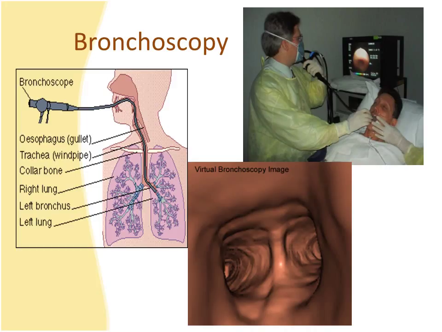Occasionally, patients will have a reaction to the anesthesia. They can have bronchospasms because of the irritation to the bronchial tissue. They can aspirate. Excessive bleeding, especially if a biopsy or removal of tissue or foreign body was done.